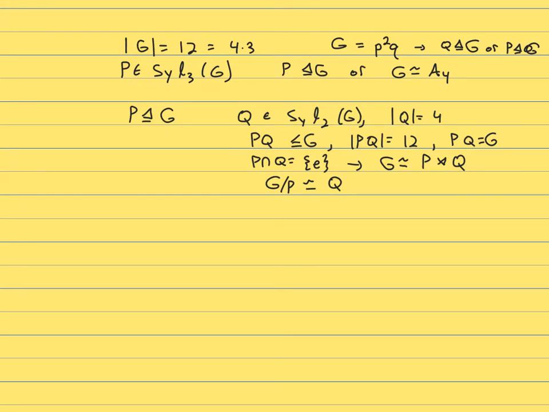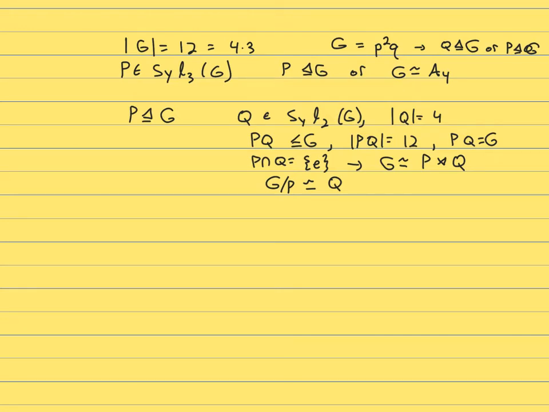And so the point is that the classification of groups of order 12 up to isomorphism turns into the classification of semi-direct products of a group of order 3 with a group of order 4. Or you get the alternating group. Those are your only two cases.